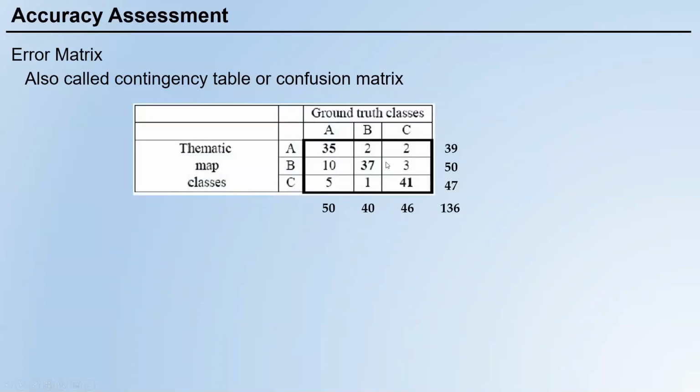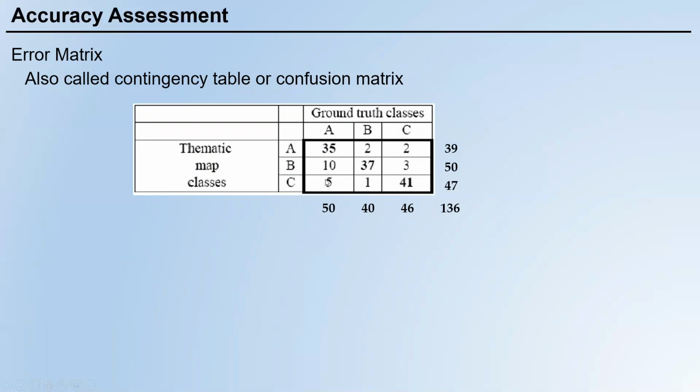Let's check this table. For column A, we have the intersection between column A and row A, column A and row B, column A and row C.